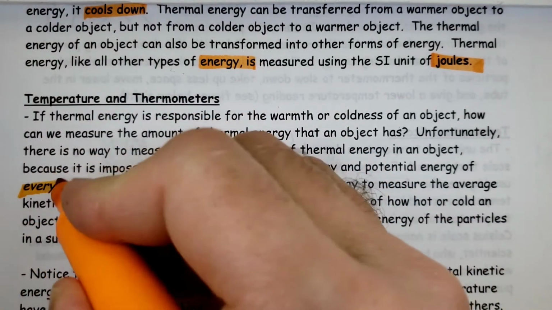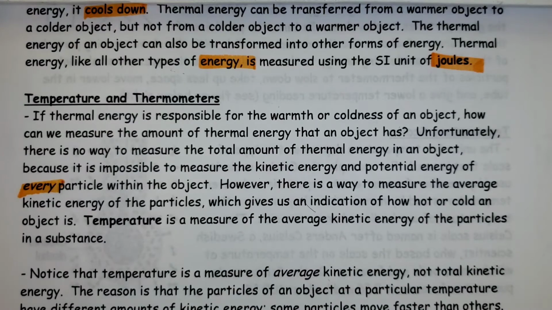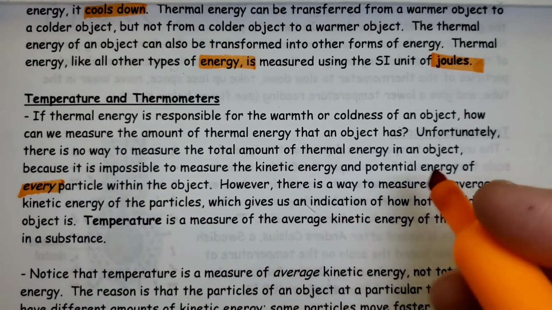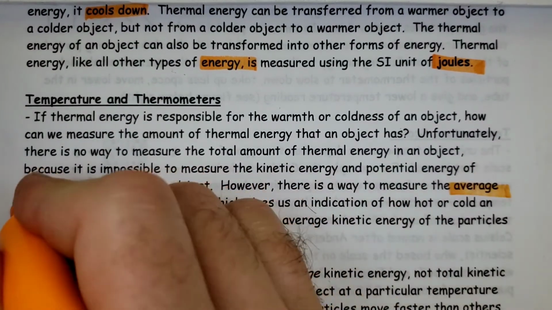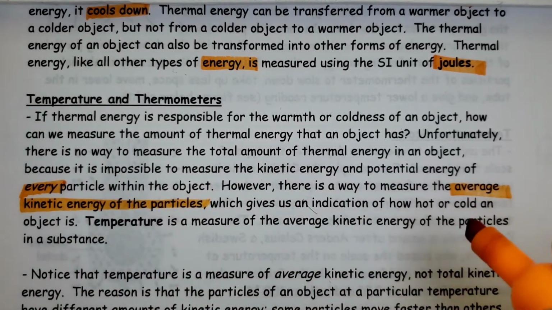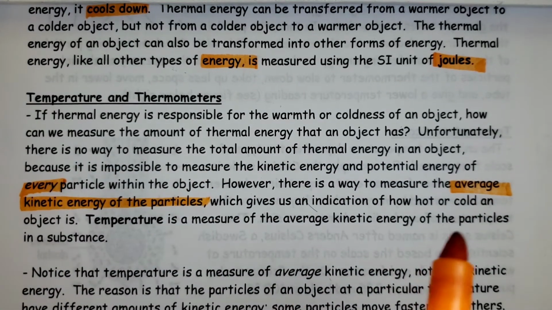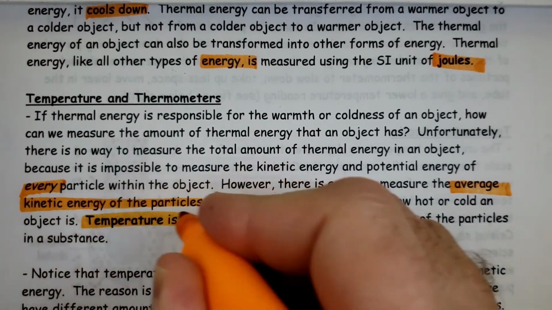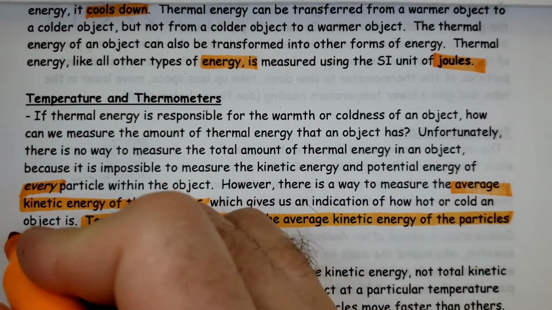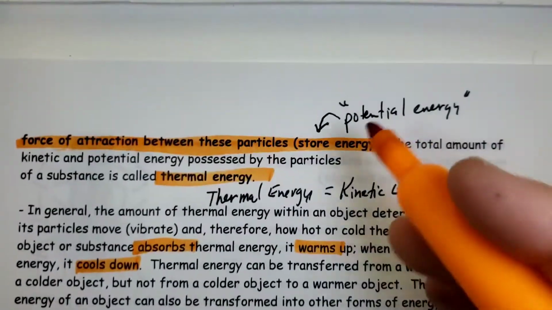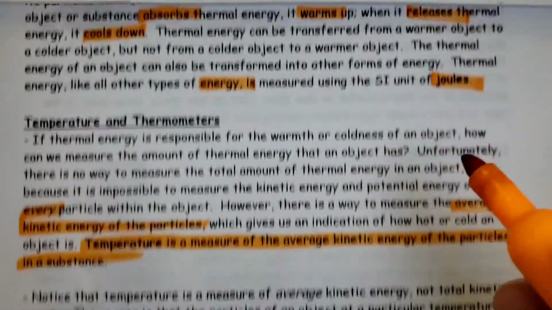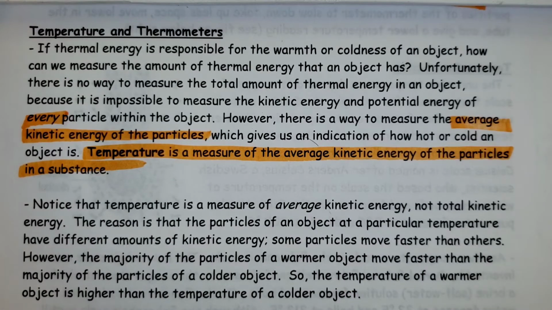So you can't do that. You can't measure every single particle. However, there is a way to measure the average kinetic energy, so the average moving energy, and that in fact is what temperature is. Temperature measures the kinetic energy portion of thermal energy, the moving energy portion.